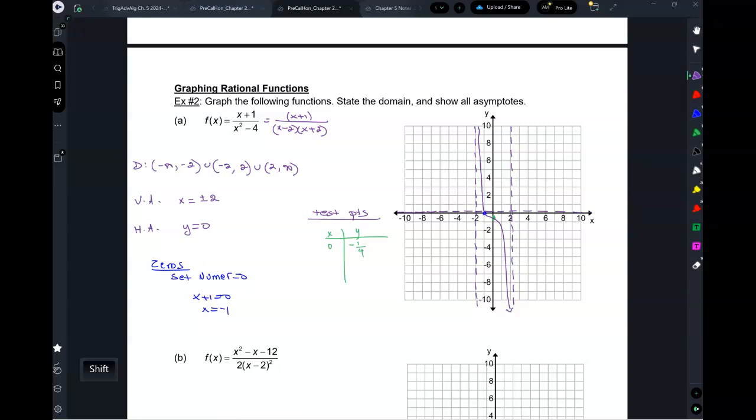So no other zeros, so it's not allowed to cross. That means it comes down and then it's got to follow this asymptote right there. On the opposite side, it left the screen at the top, so it's going to re-enter at the bottom and follow here. No other zeros. You are not allowed to cross the x-axis anymore.